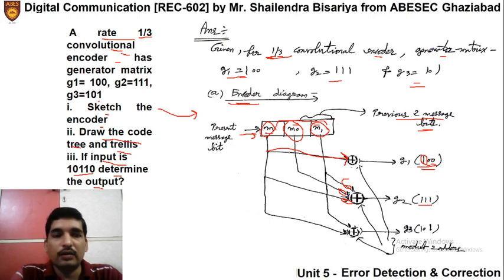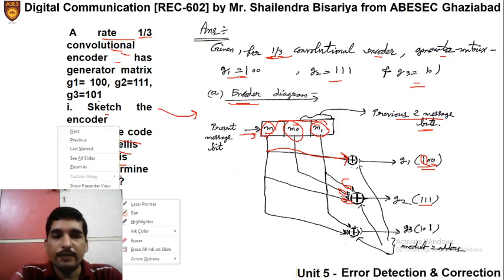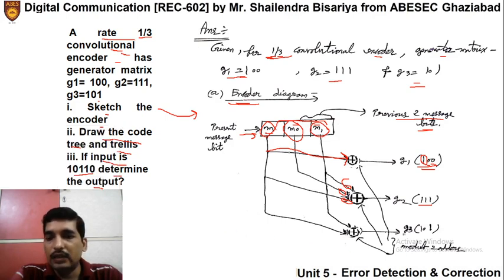Then the third case, G3 equal to 101. So 101 means the first bit and third bit should be connected. First M is connected here, you can see this. For G3, the third bit is also connected, but not the second, since the second is 0.